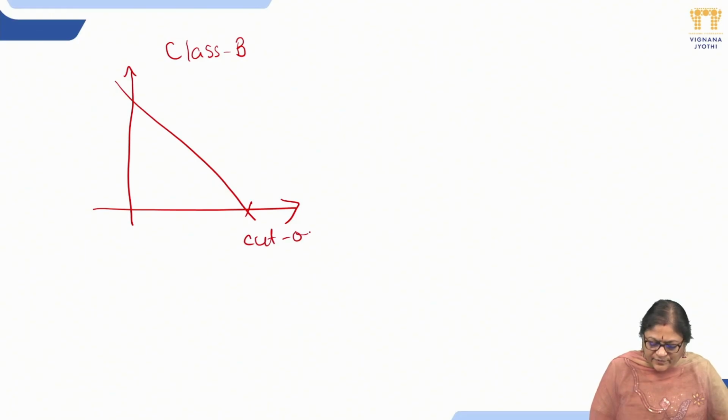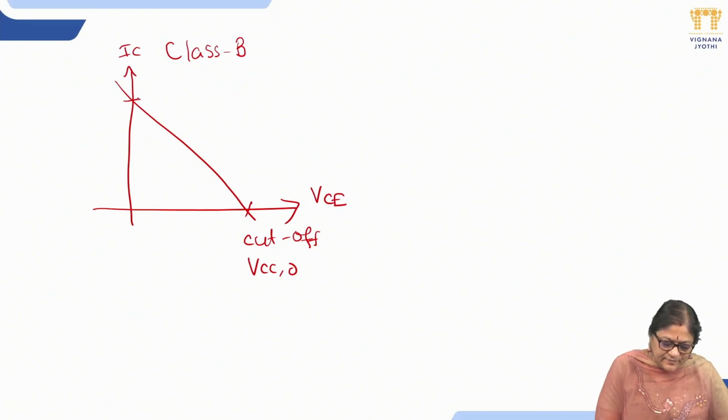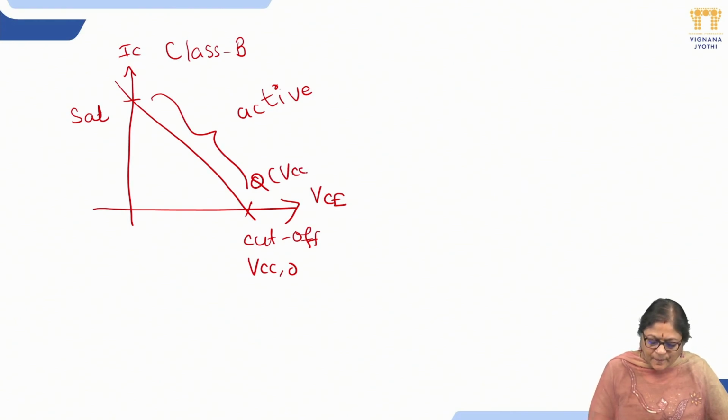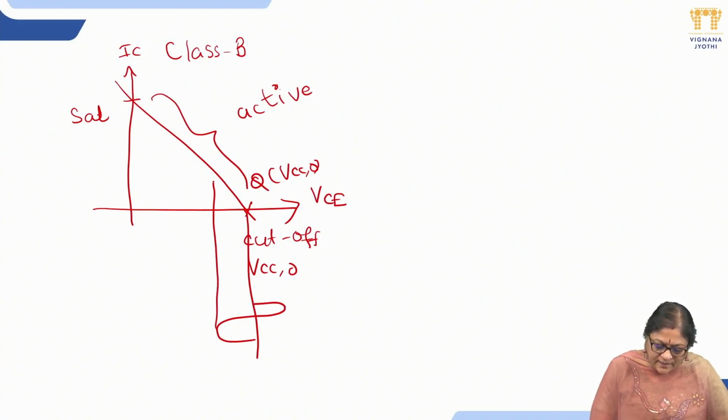So the Q point will be VCC, 0 when you are considering VCE versus IC, and this one will be the saturation and the remaining portion will be the active region. Because the Q point is at cutoff, if you apply any input signal, only one portion will be resulted at the output.